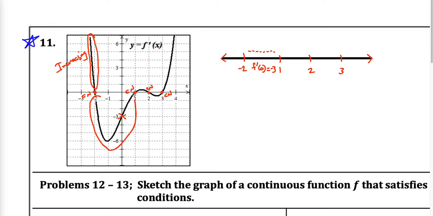Negative slopes, decreasing, which is actually what we just wrote on that number line. I'm trying to show you different ways of looking at it. If this number line makes more sense to you, just because it's consistent with what you've already been doing, you're welcome to keep doing that. If it's easier for you to just look at a picture, you can do that. It's kind of up to you.